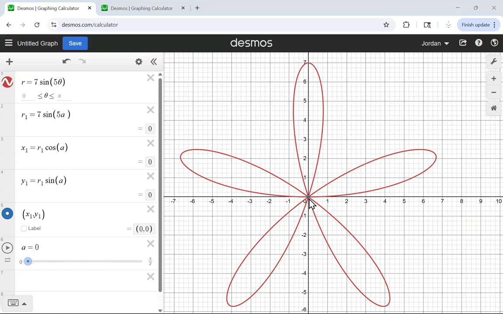In this case, we get this curve. If I want to trace out one petal, I might as well start at this first one here. We start at the pole when theta is equal to 0. And if I start going around, I go around my first petal and I get back to the pole at about 0.63, pretty close to 0.63, which, if you think about it, is going to be pi over 5.